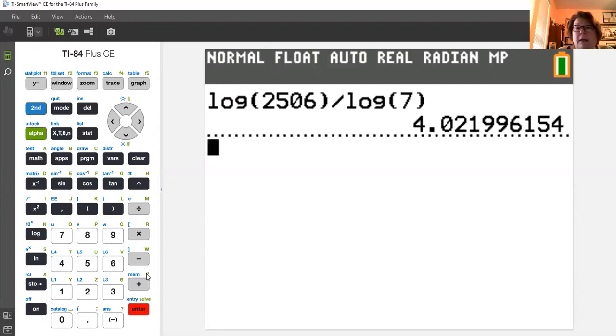Okay, now let's do it using the natural log. So the natural log is right underneath my LOG button on my TI-84 calculator. So I'm going to take the natural log of 2,506, and I'm going to divide that by the natural log of 7.